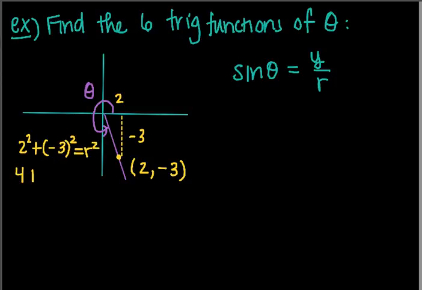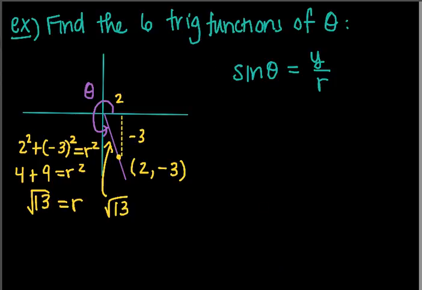So I get 4 plus 9 equals r squared. And now when I square root this, for sure we want the positive, because remember, r is just your distance from the origin. So I know r then, this is going to be the square root of 13, okay?